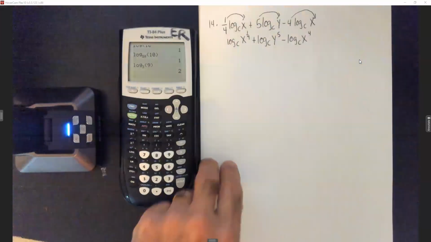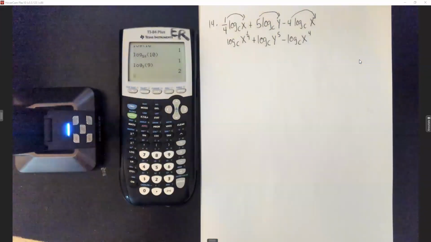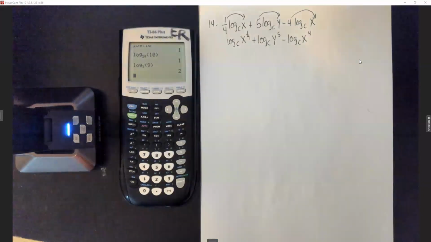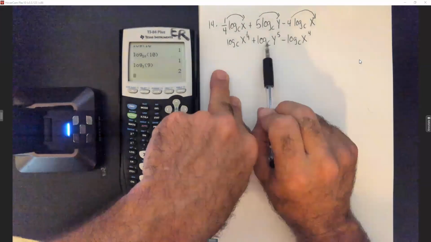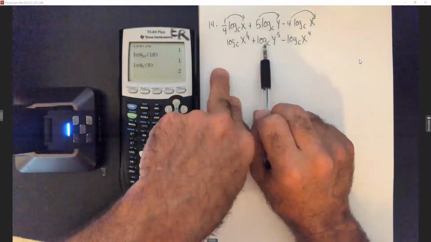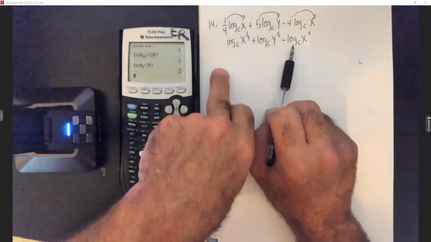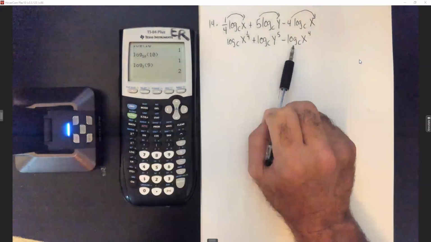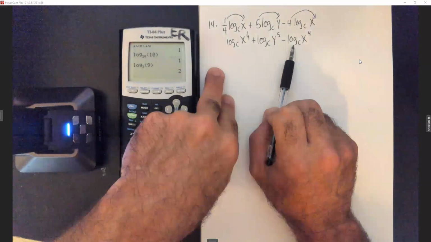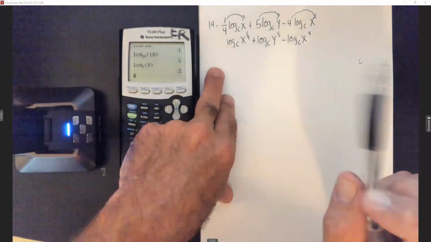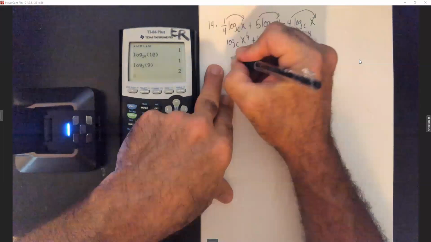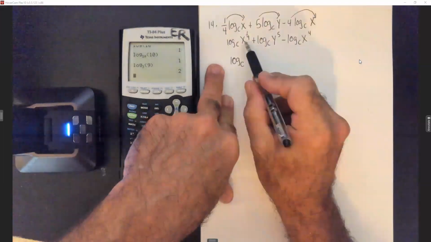So when you rewrite it as a single log, you do pretty much everything we did a while ago in reverse, okay? So now, these are being added. I'm going to rewrite them as a product, but this one's being subtracted, so it's going to go to the bottom of the fraction. So here we go. We're going to have a log base C. These two are positive, so they're going on top.